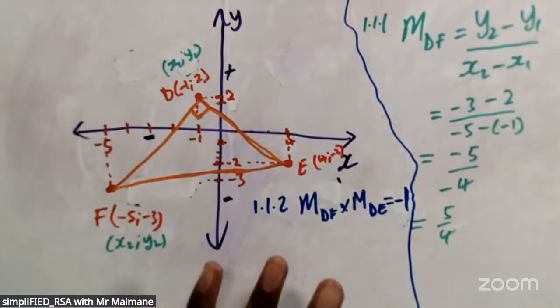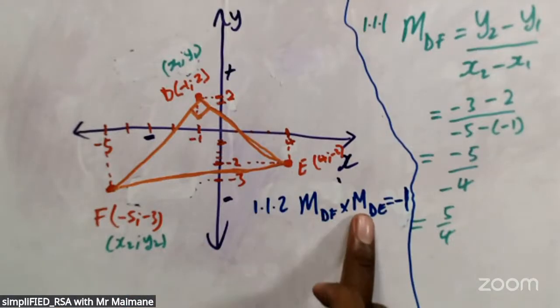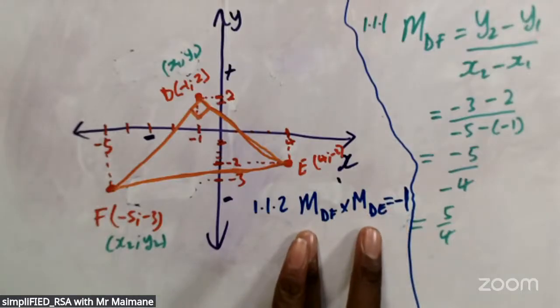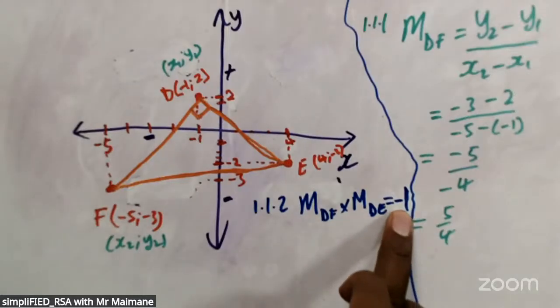That's another general rule. Gradient of DF multiplied by gradient of DE must give us -1. It's just an equation for two lines that are perpendicular to each other. When you multiply both their gradients, you must get -1. It has been proven. We could even prove it ourselves, but the question is not about that.